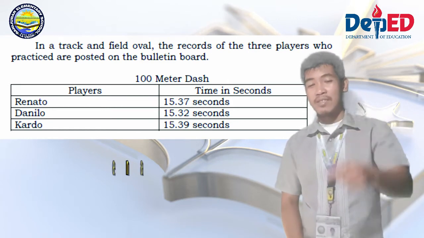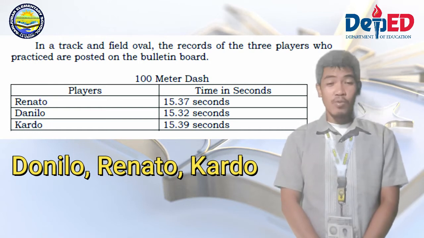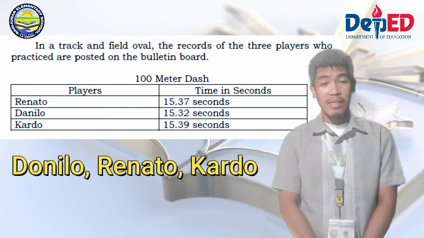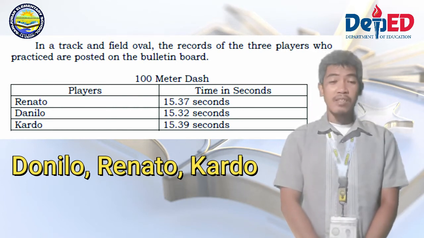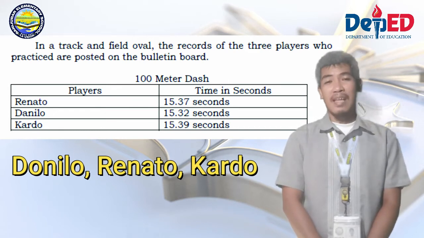Donilo with 15 and 32 hundredths is the fastest, followed by Renato with 15 and 37 hundredths, and Cardo with 15 and 39 hundredths is the last.